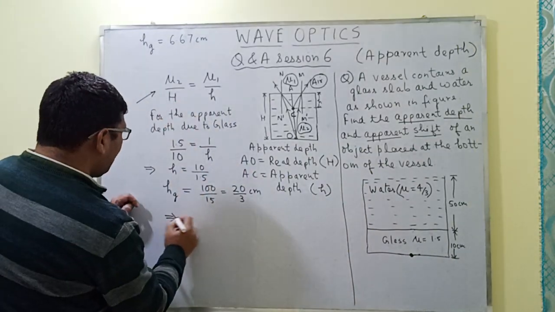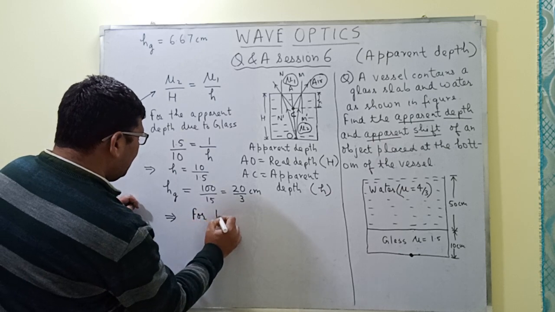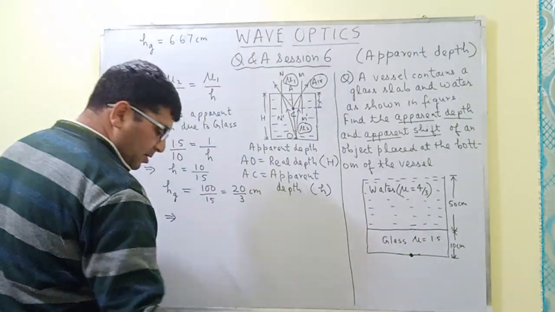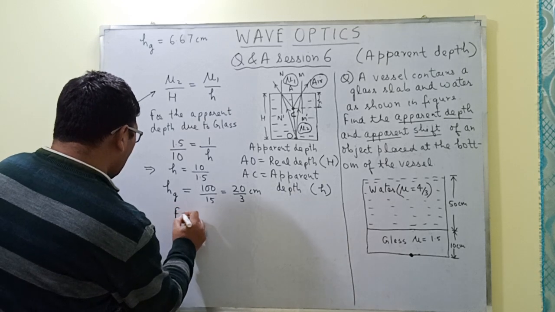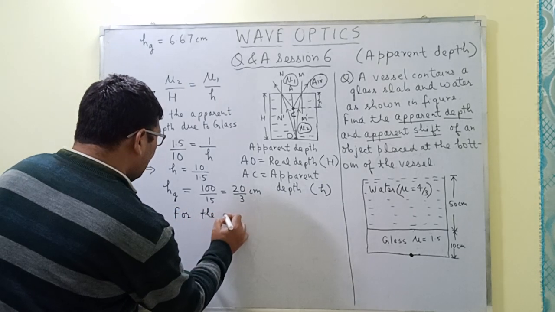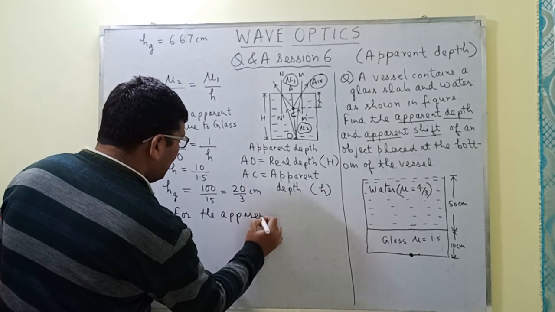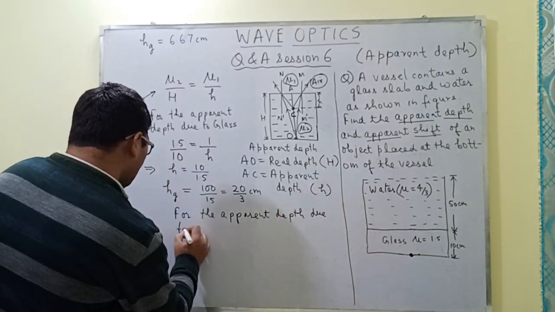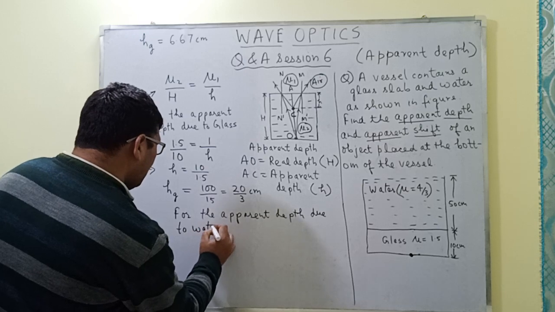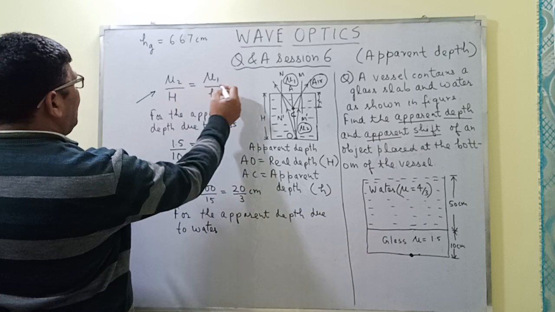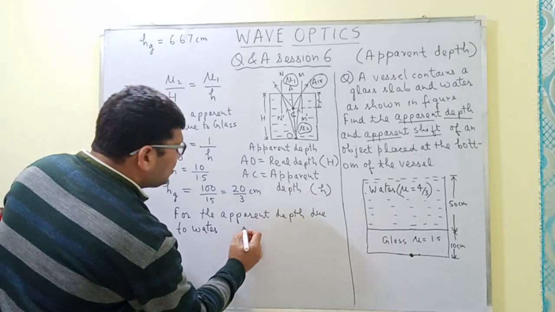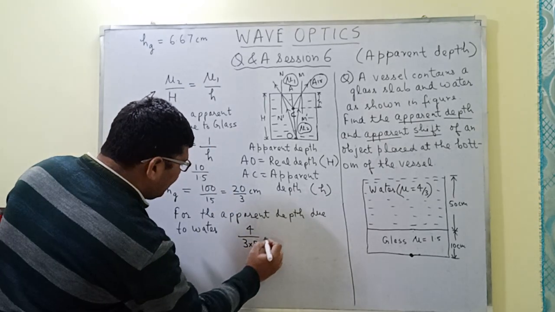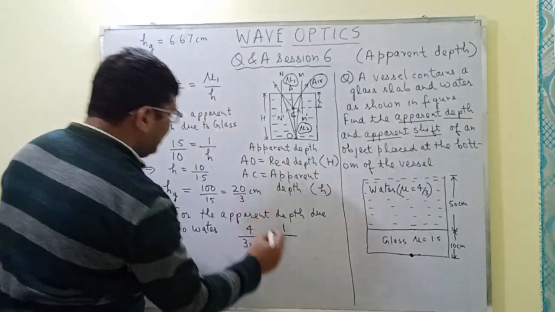So in this case, for calculating the apparent depth due to water, if I use this formula, then I will be getting mu2 is equal to 4 by 3 divided by capital H. H is equal to 50 centimeter, and divided by 1, it is mu1 divided by h.